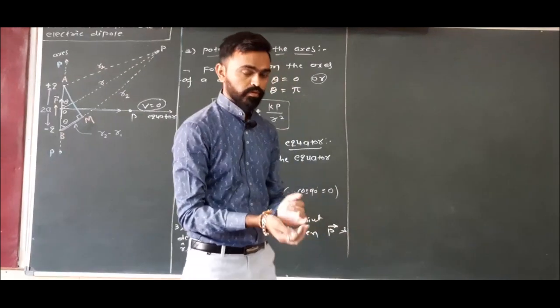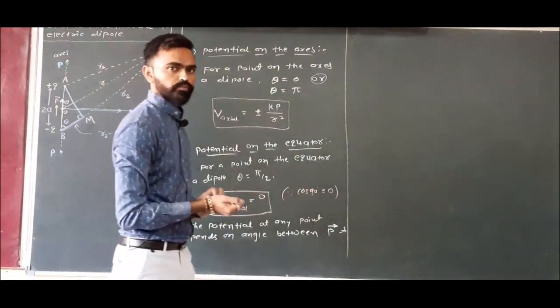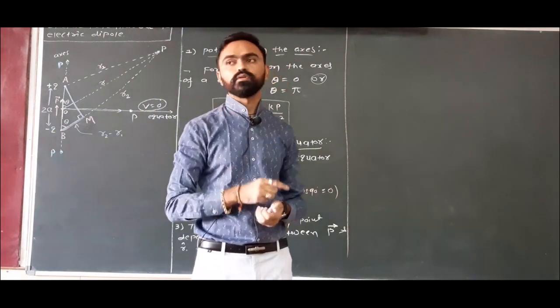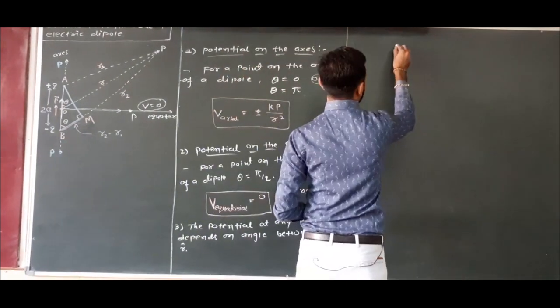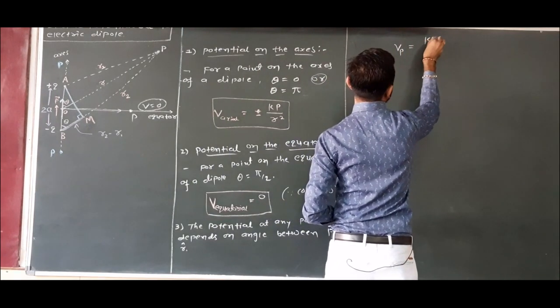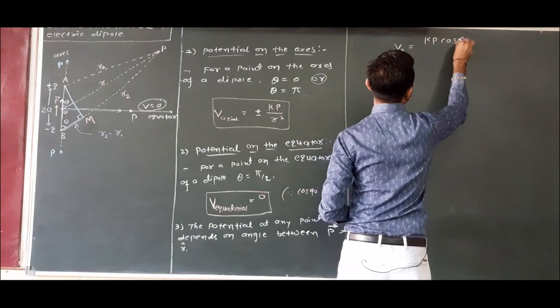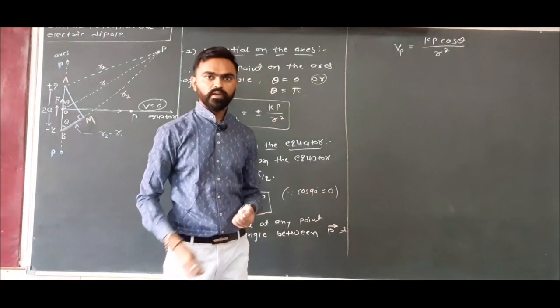Okay. So there are 2 cases we're going to discuss about potential at any point due to a dipole, right? What was the final relation of the potential at a point P due to a dipole? Kp cos theta upon R square. You getting my point?